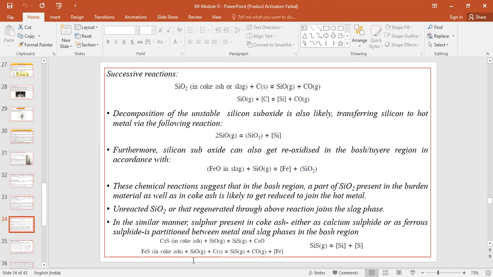And you can see that the CaS, the sulfur present in the coke ash, reacts with this SiO gas, whatever is formed here, and that may lead to the formation of SiS plus CaO. And this SiS, as it is a gas at low temperatures, will dissociate and form Si plus S. So in this way, silicon as well as sulfur both will join the metal phase.